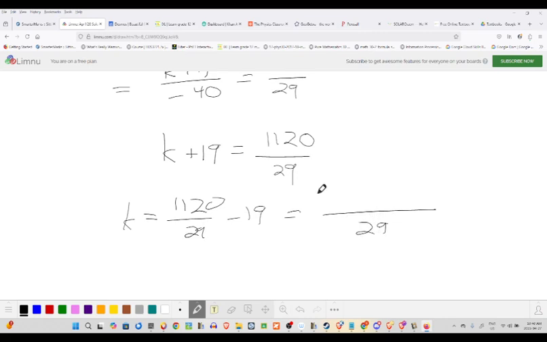Let's put it over a common denominator. Okay, so 19 times 29 is 551.